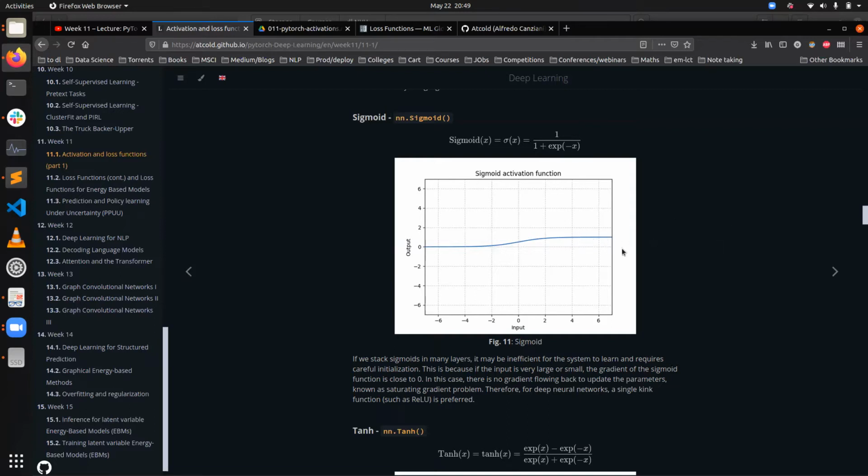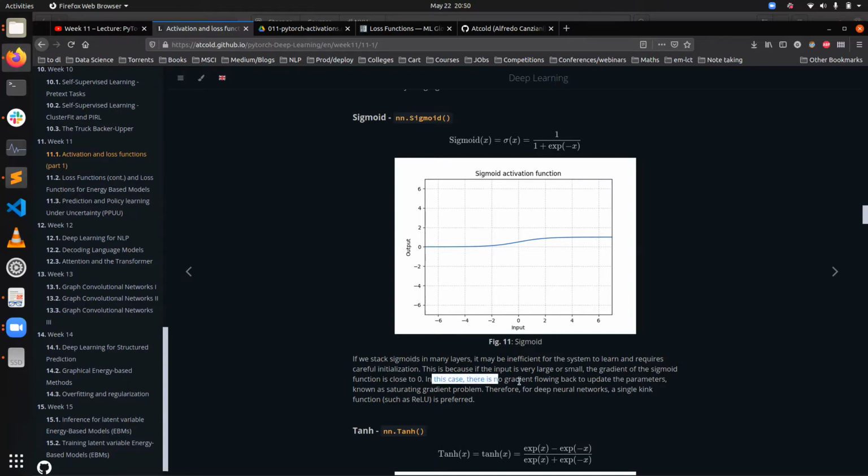What happens is when you take the gradient of the loss function and then do back propagation, and then take the gradient of this sigmoid, if the input is large or really small, your gradient is 0. I mean, close to 0. So your model won't learn as well because the gradient is so small, and the weight updates won't happen properly.